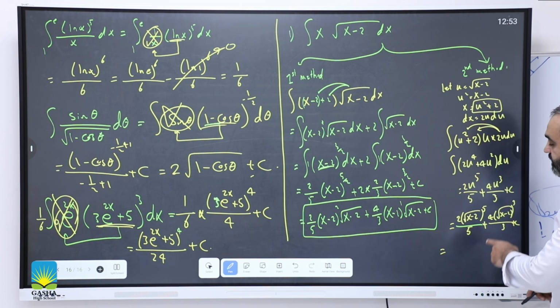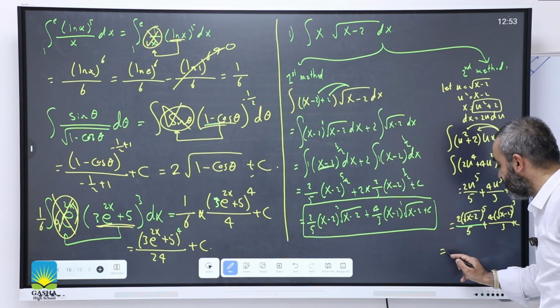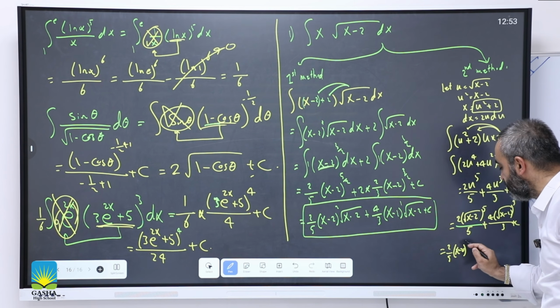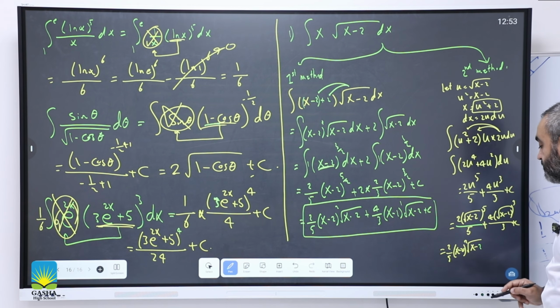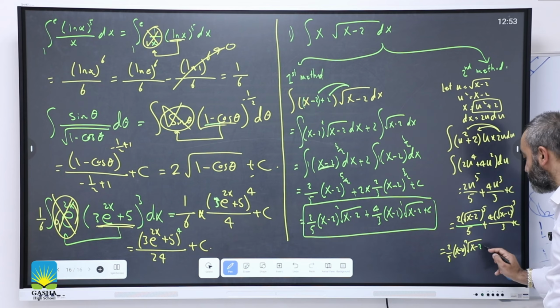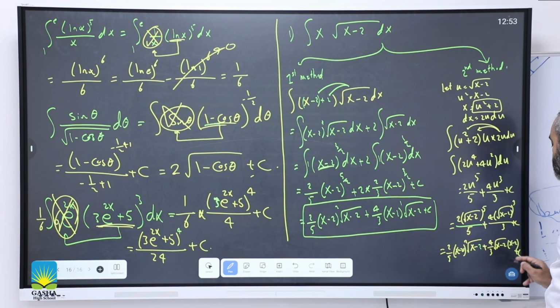So 5 divided by 2 is 2. So this is 2 over 5 times (x minus 2) to the power of 2, and the remainder is 1. So it is (x minus 2) plus 4 over 3 times the square root of x minus 2, in the bracket (x minus 2), plus c.